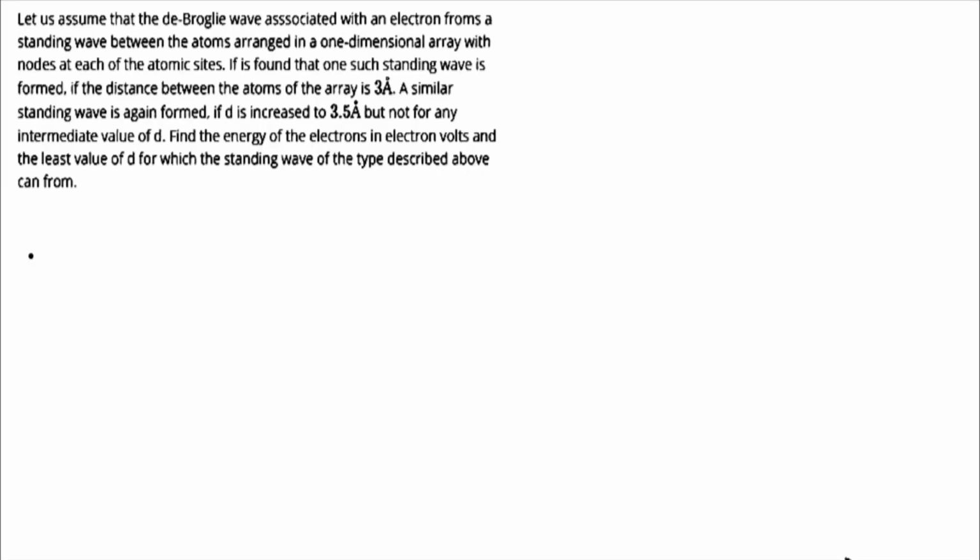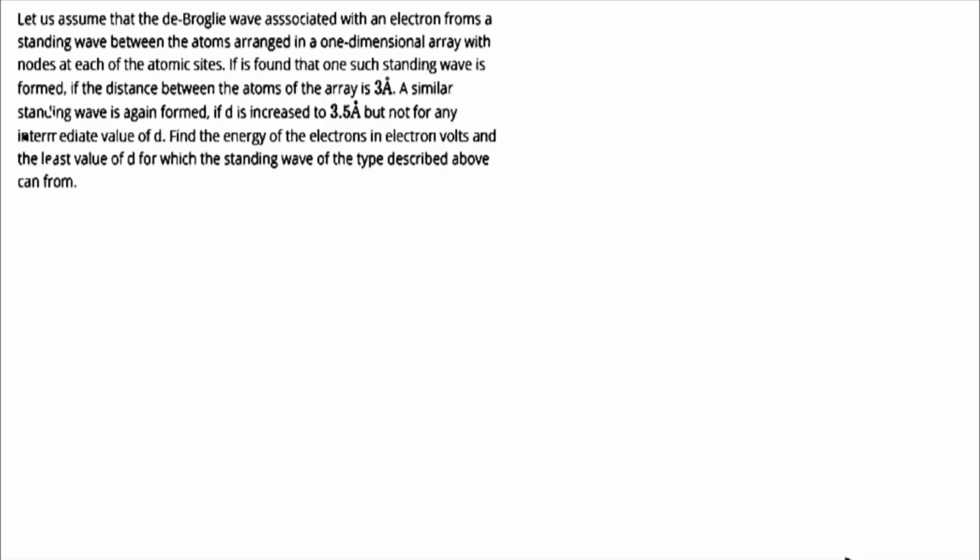Hello students, our question is: let us assume that the de Broglie wave associated with an electron forms a standing wave between the atoms arranged in a one-dimensional array with nodes at each of the atomic sites. It is found that one such standing wave is formed if the distance between the atoms of the array is 3 angstrom.